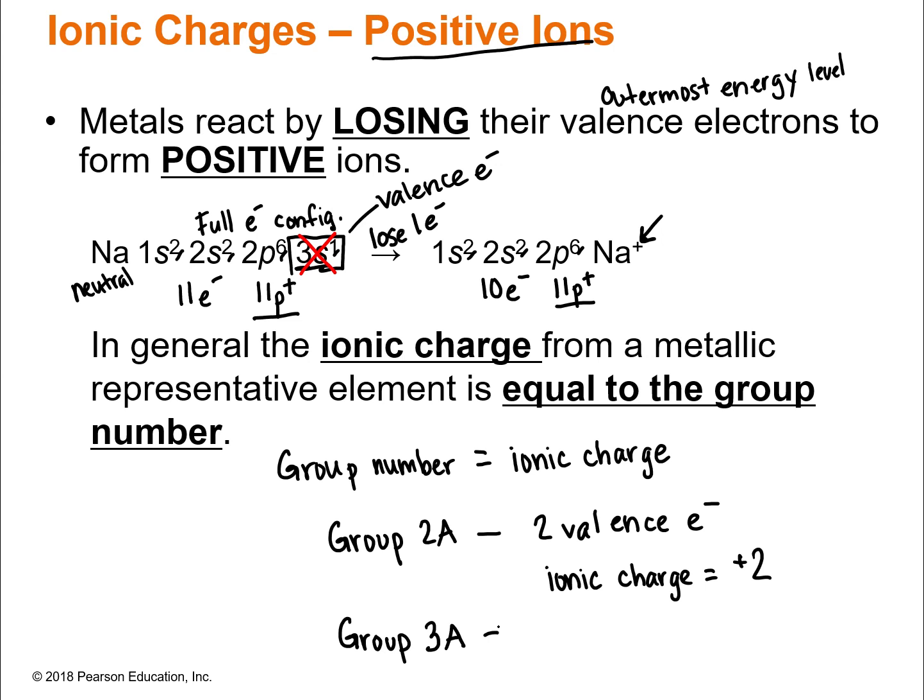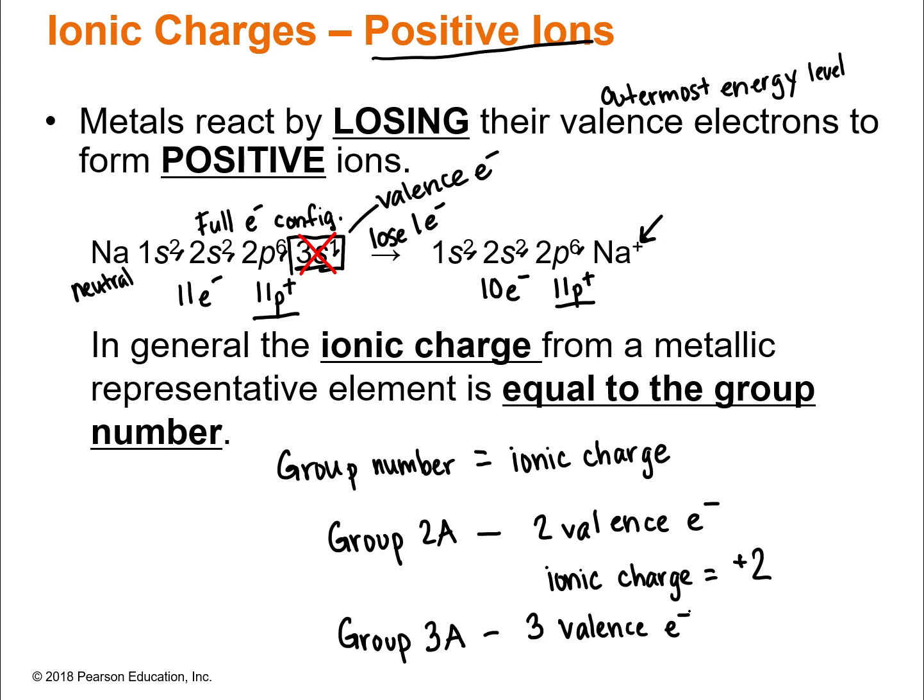If I'm a group 3A metal, how many valence electrons do I have? Yeah, we're not talking about the transition metals. Transition metals can have multiple ionic charge states. So we aren't talking about those. So we know just from the group number that there are 3 valence electrons.